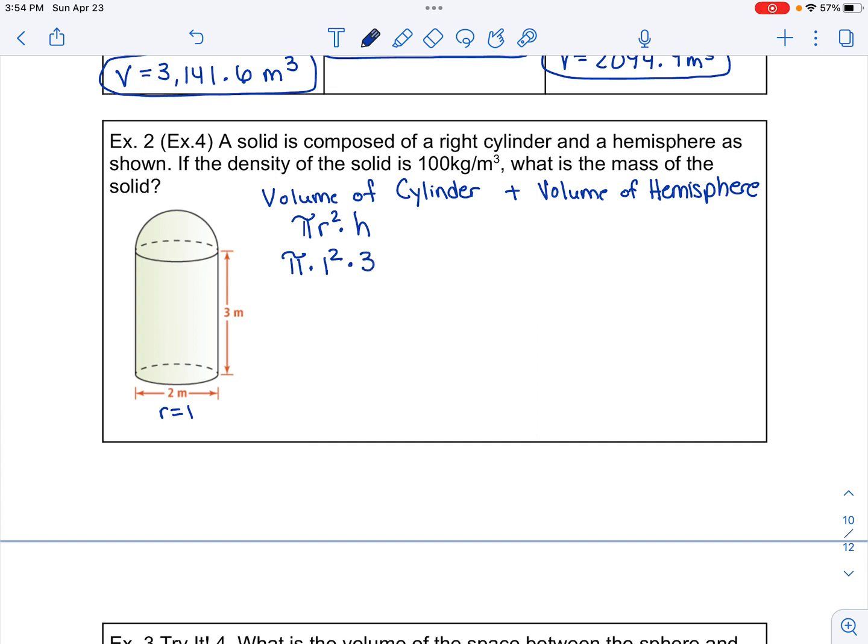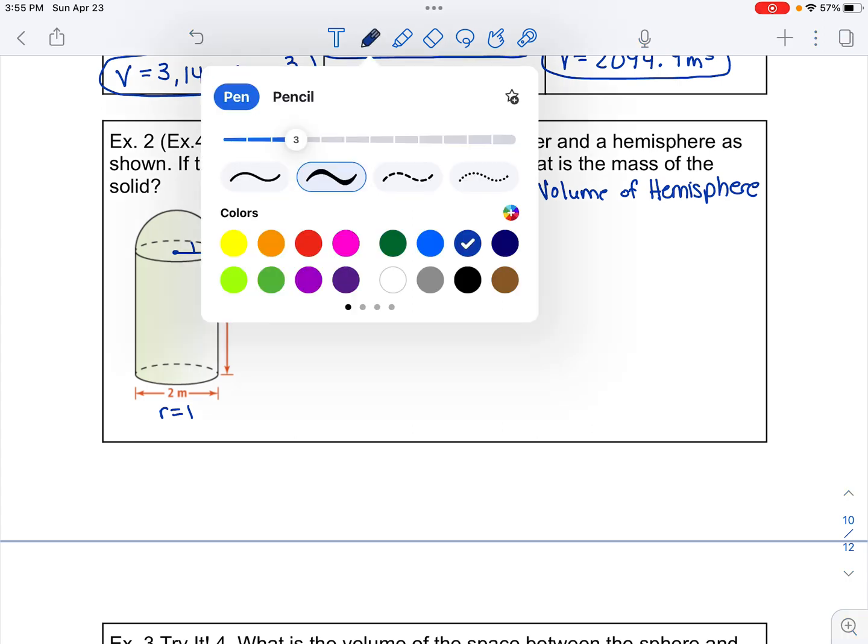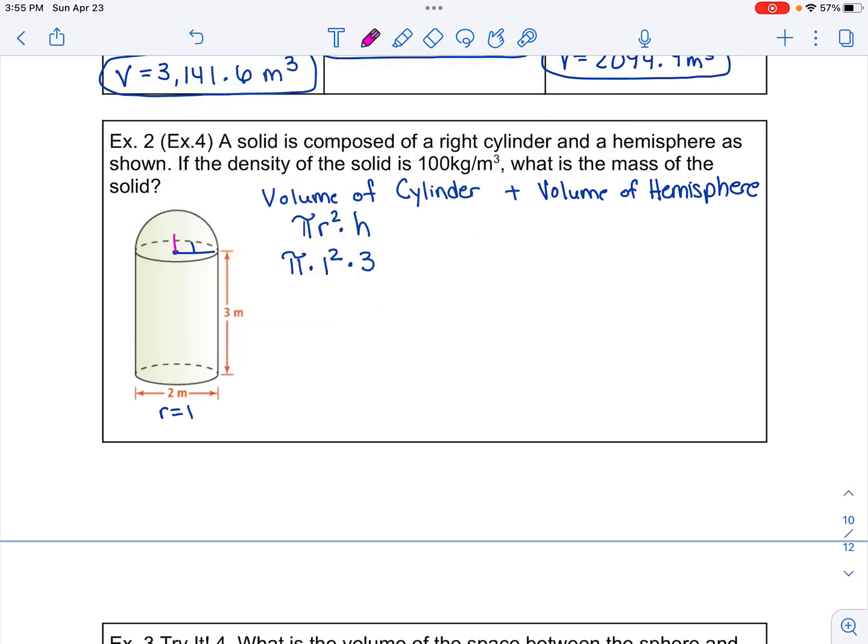On the top, the hemisphere, we know from the middle over is 1, but a radius in a hemisphere is the same no matter if that radius goes to the side or it goes to the top. That radius is still going to be 1 no matter which direction I go.